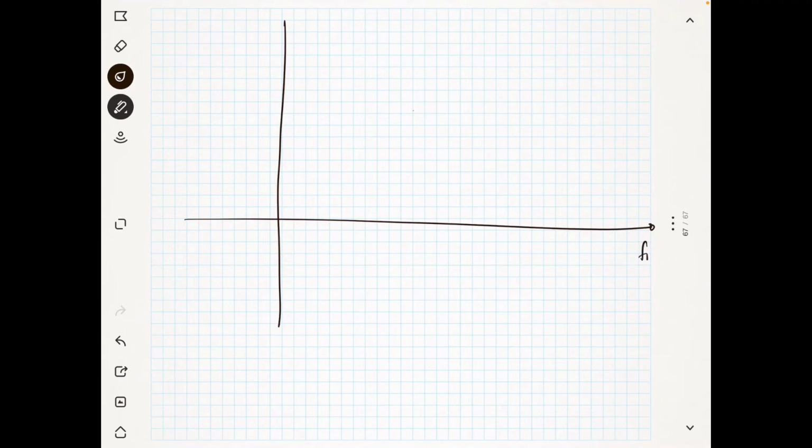So this is the frequency. I will draw the response like this, and this is your 0 dB, and this is your FC.